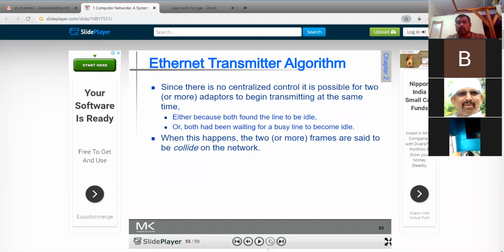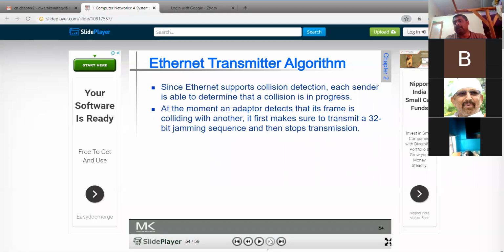So for this, collision detection must be there. Now you see, since Ethernet supports collision detection, the CSMA/CD, that is, the collision detection algorithm, will also be there. Each sender is able to determine that a collision is in process.